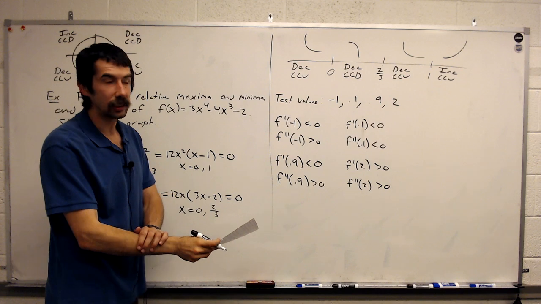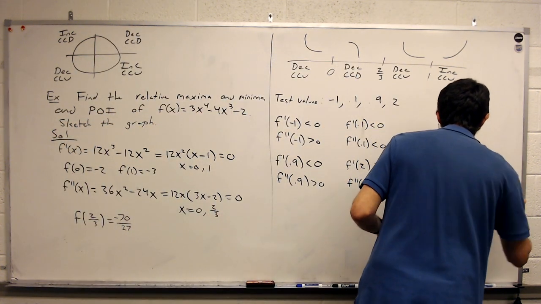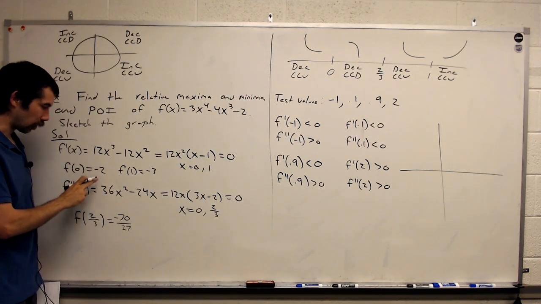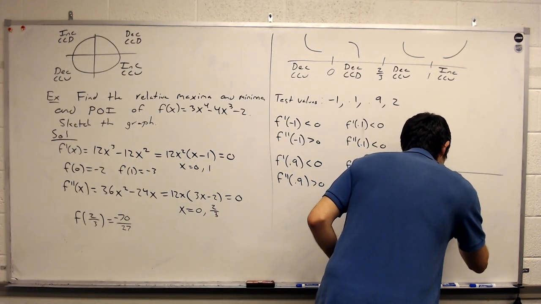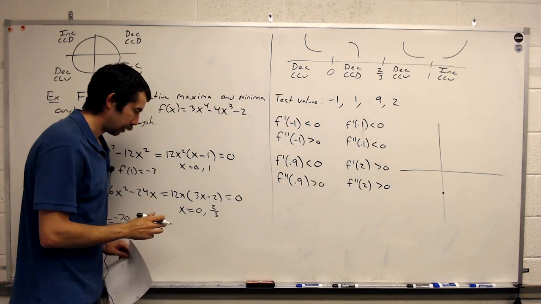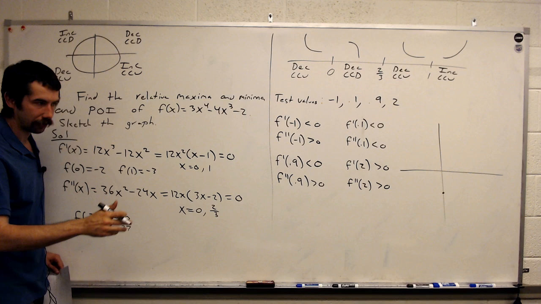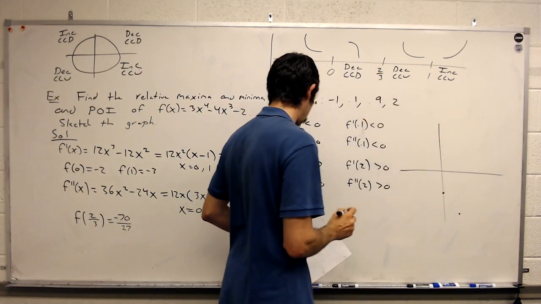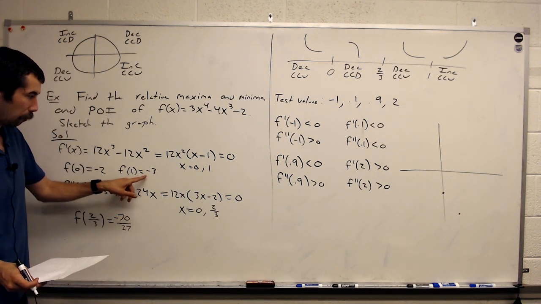All right, we're ready to sketch our graph. Let's plot all the points that we found along the way. So 0, -2. I'll label these later or at the end. Our scale doesn't have to be perfect. 2/3, negative, close to -3. And 1, -3.